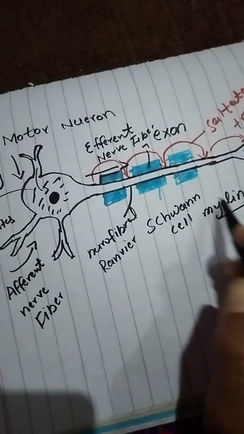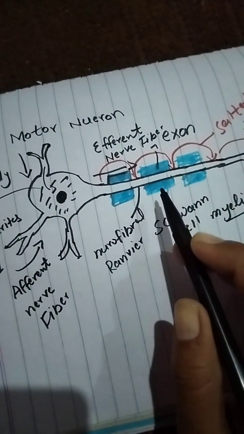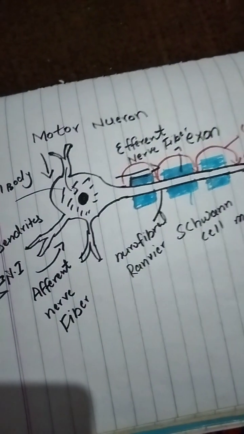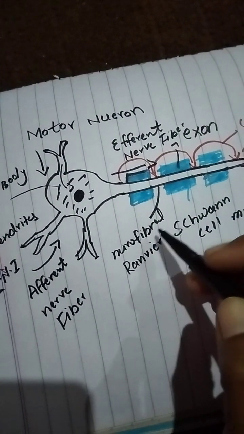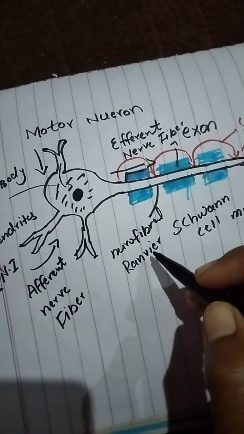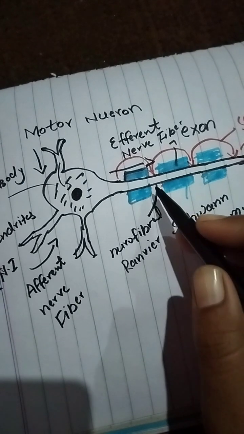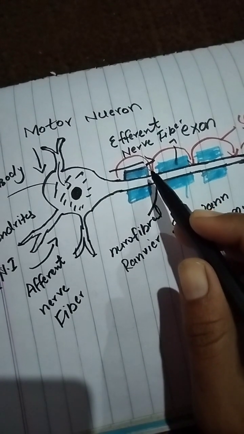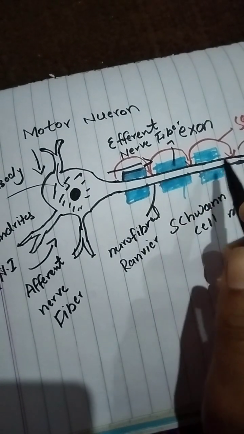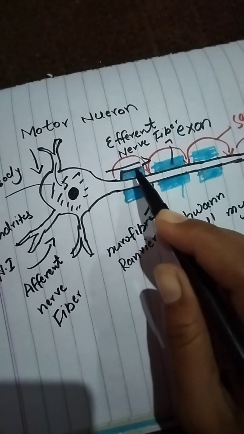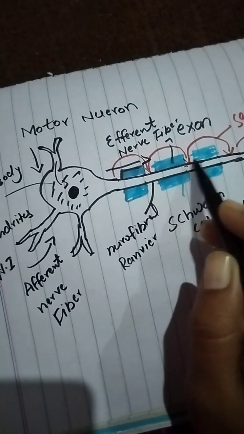Myelin is white in color, that's why our nerves look white. The space between two Schwann cells is the neurofibril node of Ranvier, which helps in the fast movement of the nerve impulse. The nerve impulse quickly jumps from one node to another.